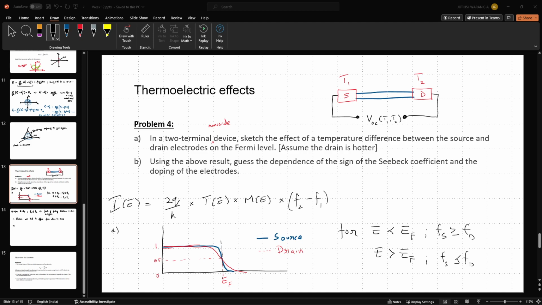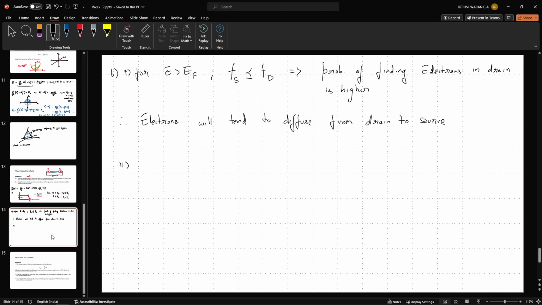So what this essentially means is electrons move drain to source as temperature increases.